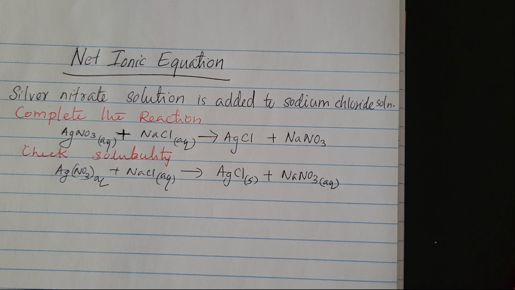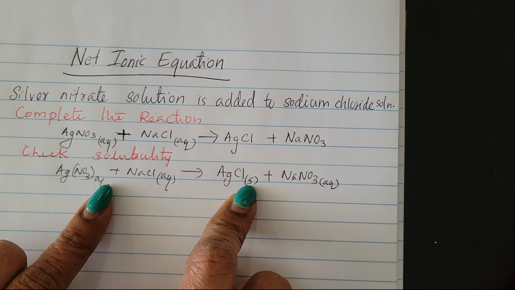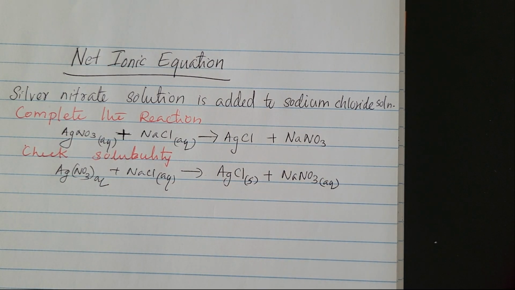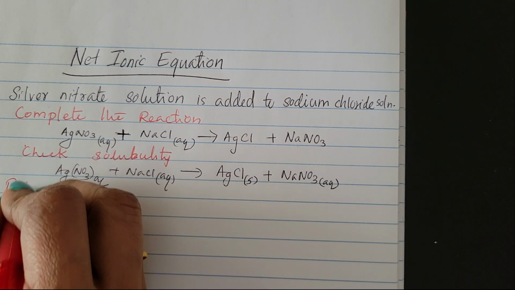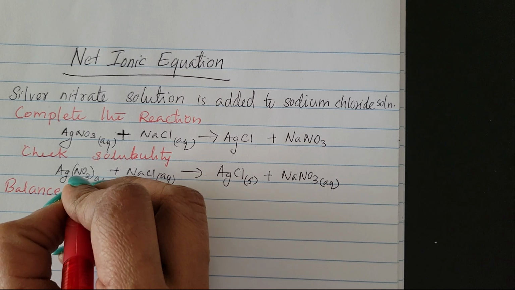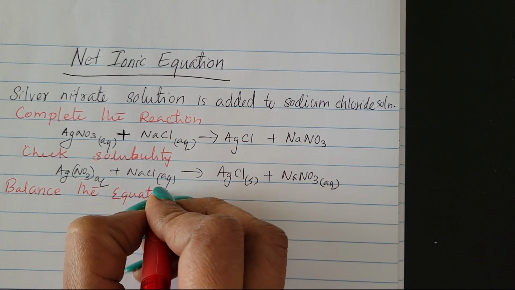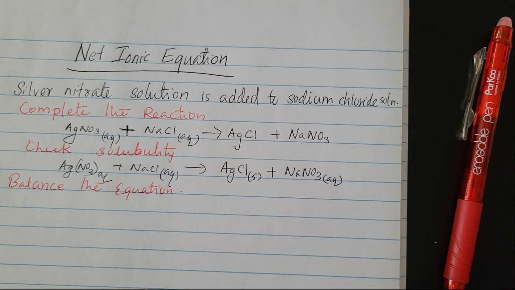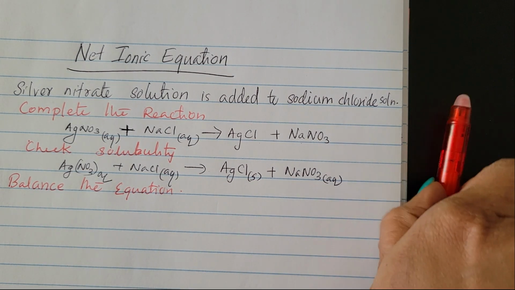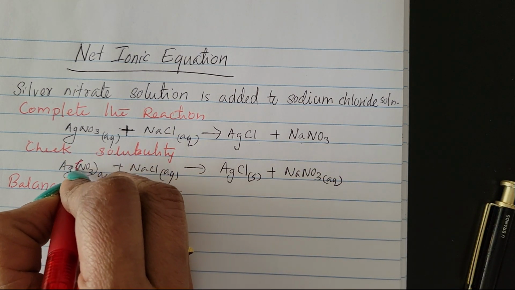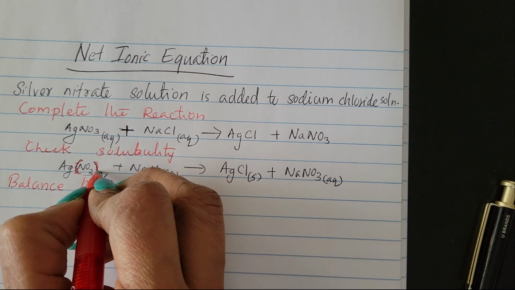That is a reaction. You can continue only if there is a solid substance there. There is a solid, so you have to do what now? Balance the equation. Oh, why did I put a parenthesis here? You didn't see that? It's just AgNO3. We need a parenthesis here.